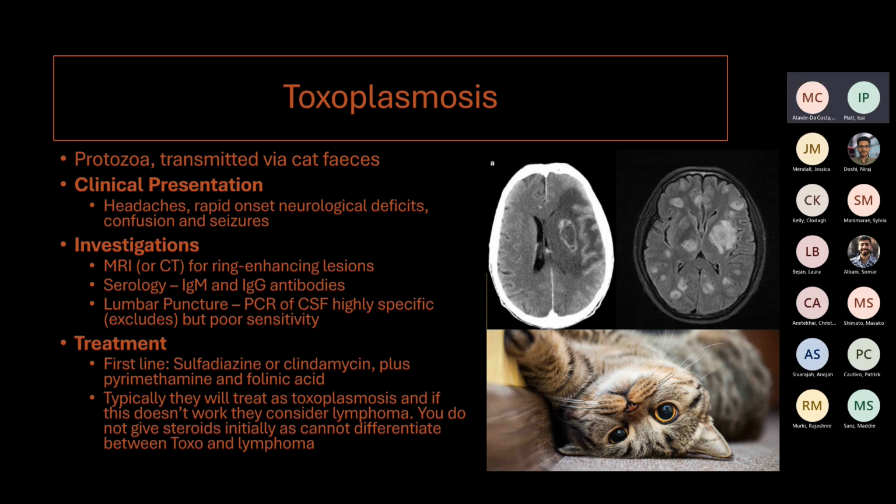You would always do serology on your LP, and it's PCR serology you do on the LP. Just a note, the PCR is very specific, so it can exclude toxoplasmosis, but it doesn't include it. It's not very sensitive.